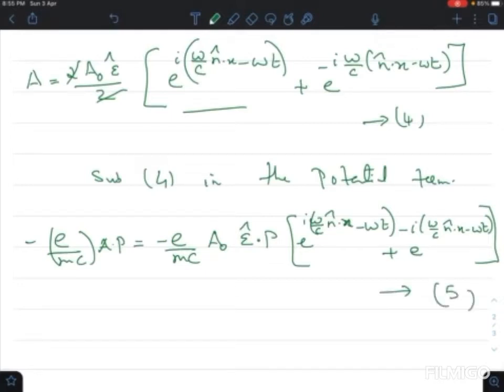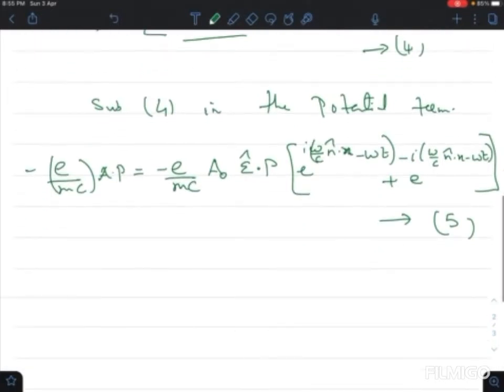Now just remember what you have learned for the harmonic perturbation. There we had two things, the absorption term and also the stimulated emission term. For absorption, we know that e raised to minus i omega t is responsible for the absorption term, whereas e raised to plus i omega t is responsible for stimulated emission.